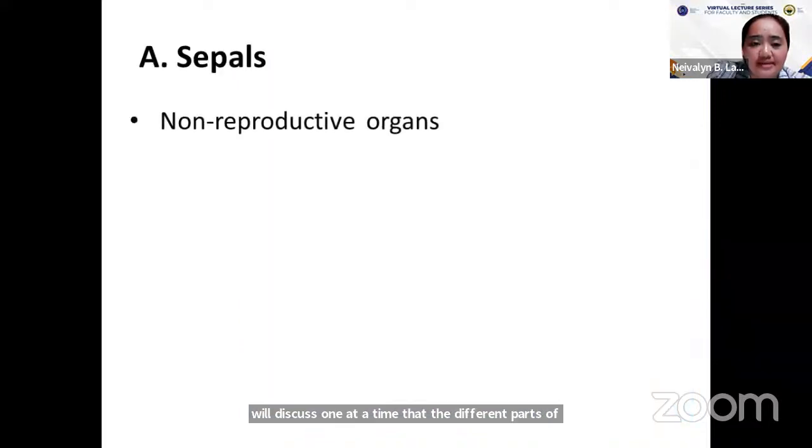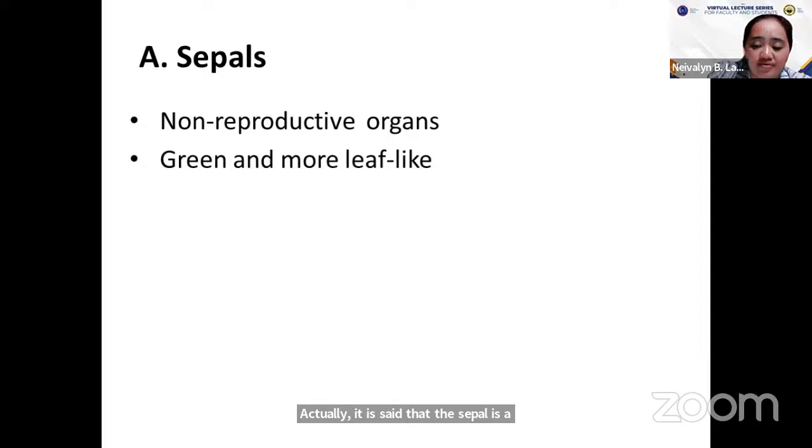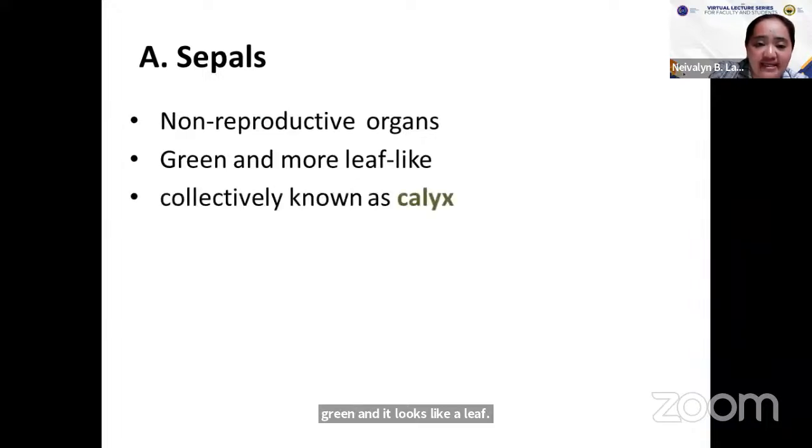First, we have the sepals. Actually, the sepal is a non-reproductive organ. Basically, the color is green and it looks like a leaf, that's why it is leaf-like. We call the collection of sepals the calyx.